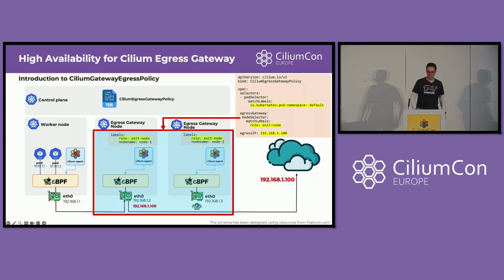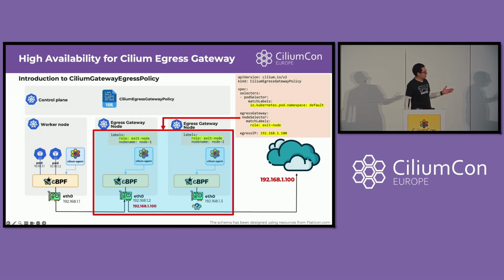OK, you can tell me that I can configure a wider node selector and select 2 nodes, and this could be correct in some way, because Cilium will use this list of nodes in alphabetical order. So if node 1 is up and running, we are happy, and we are able to reach the outside world. But if node 1 fails, and Cilium tries to use the second node, pods will get stuck trying to contact the outside world.